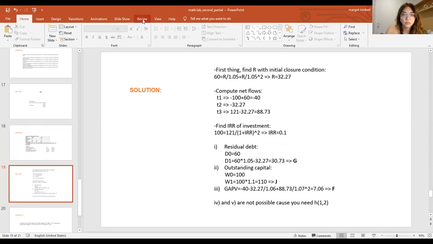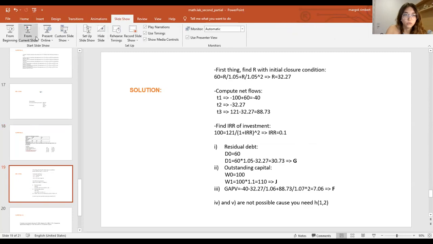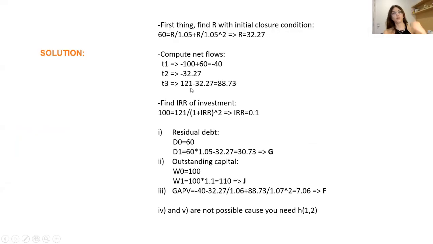So using the initial closure condition, you can figure out R, and by doing so, you find that R is 32.27.